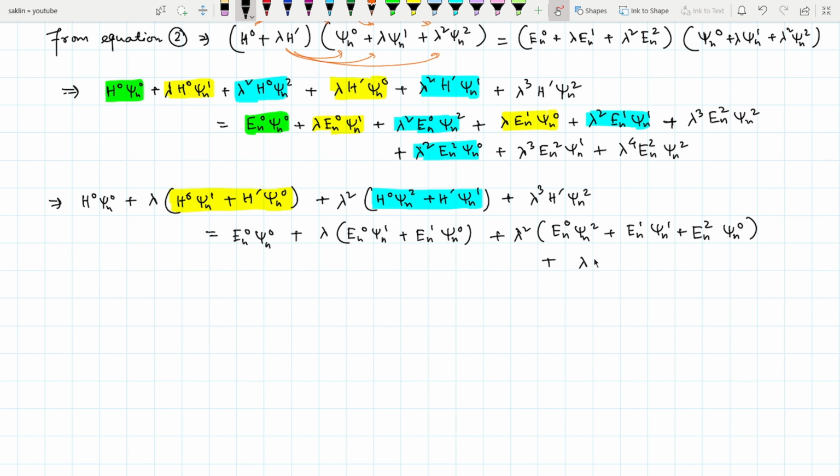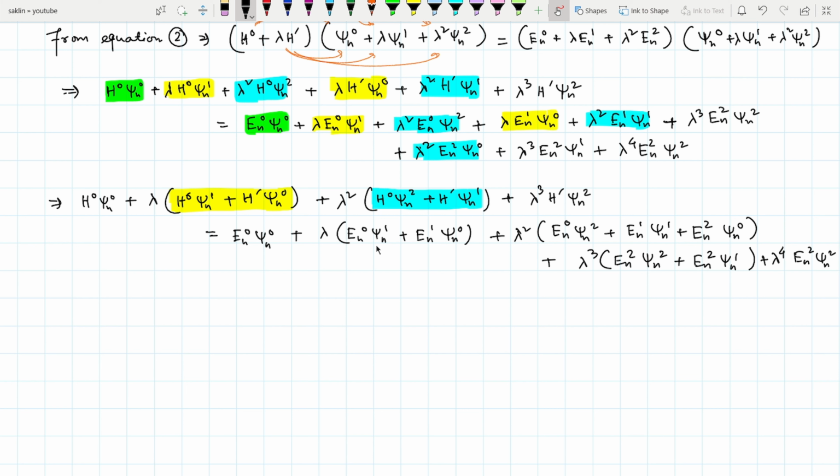The remaining part will be lambda cube En2 psi n1 plus En2 psi n2, and lambda to the power 4, that will be this.